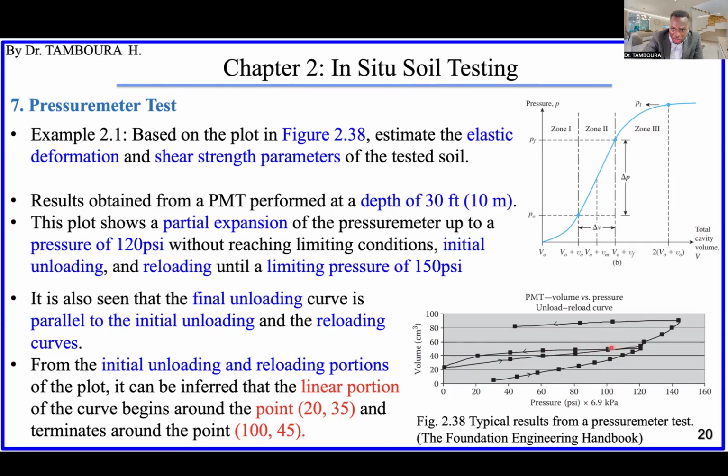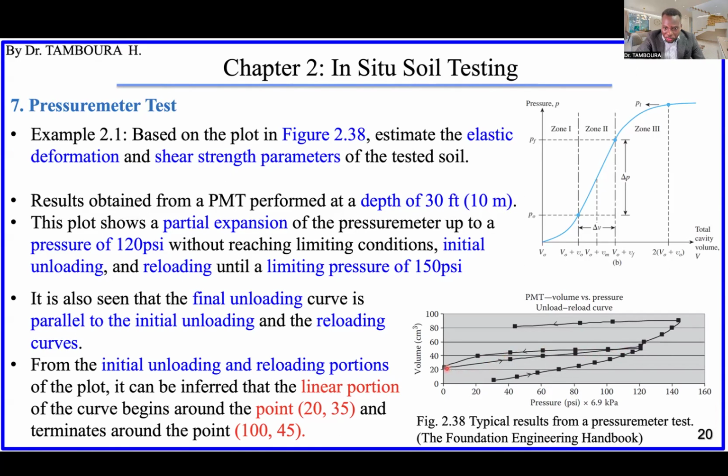Okay, so from here to this part is the portion of the curve that corresponds. I know it's a little bit difficult to understand since they are not the same orientation. But yeah, the linear portion is from 20 to 100.